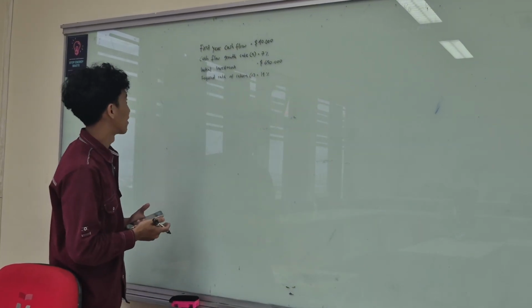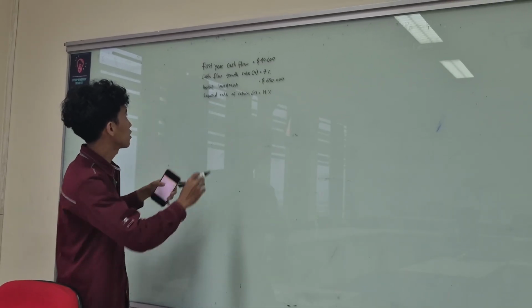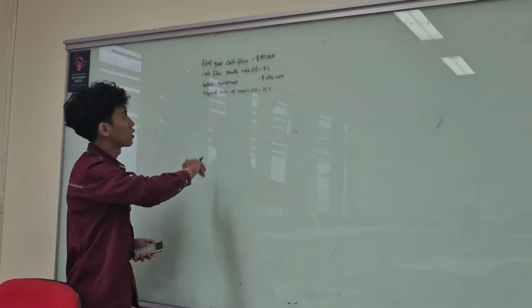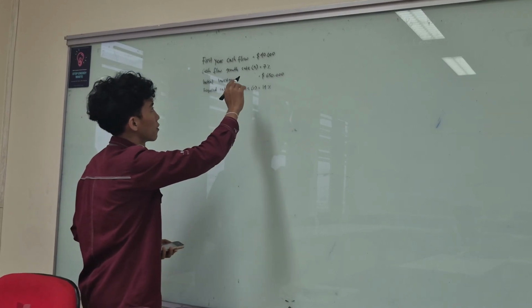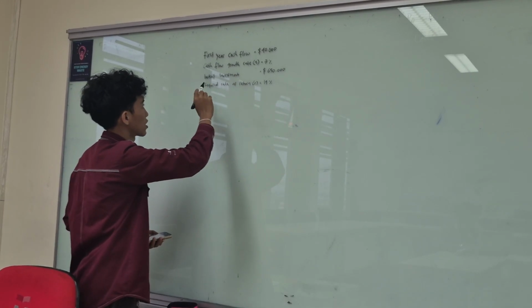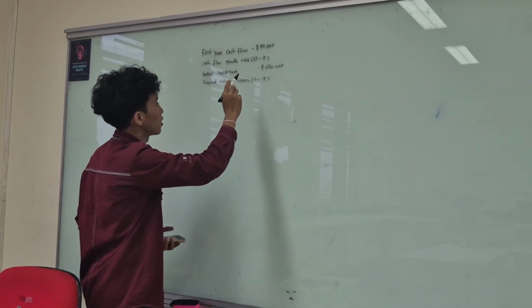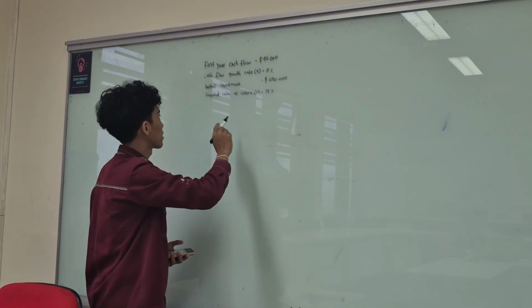From the question, we have the following. First year cash flow is $40,000. Cash flow growth rate, or the symbol is G, is 7%.